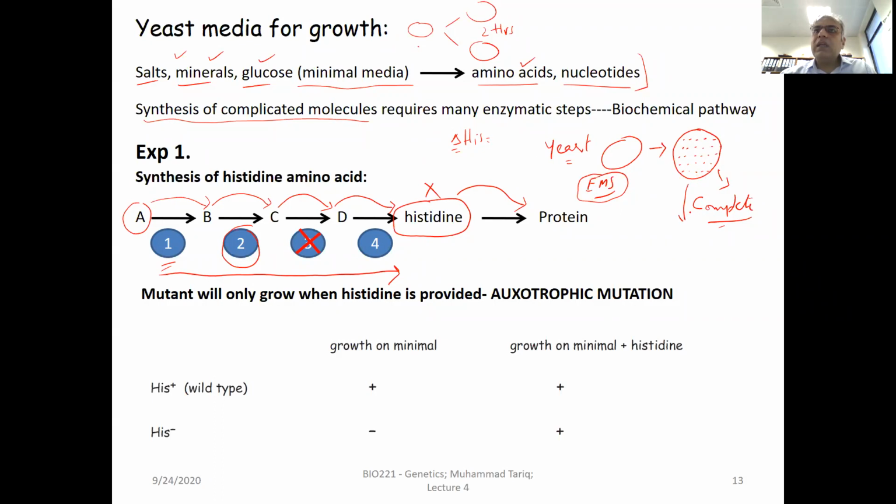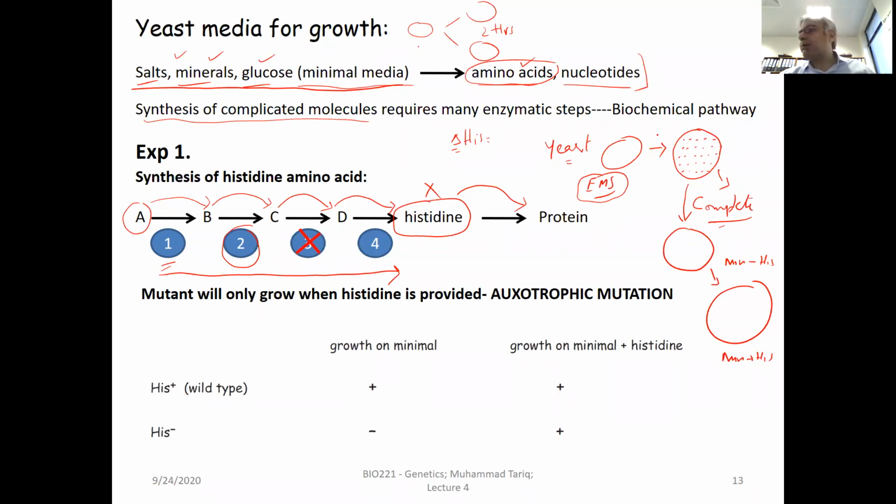We take another plate which contains minimal media, only salts, minerals, glucose, as well as amino acids, but minus histidine. Okay, it lacks histidine. And then the next plate where we have minimal media plus histidine.